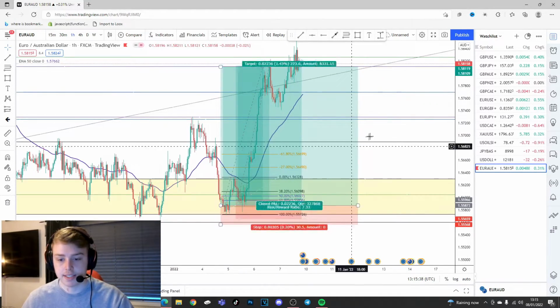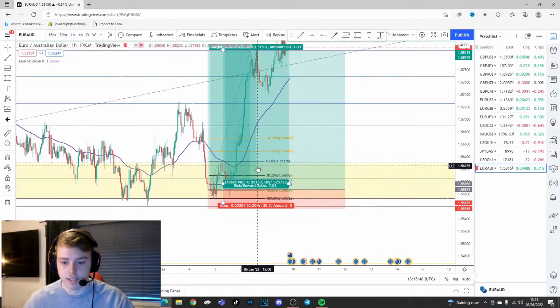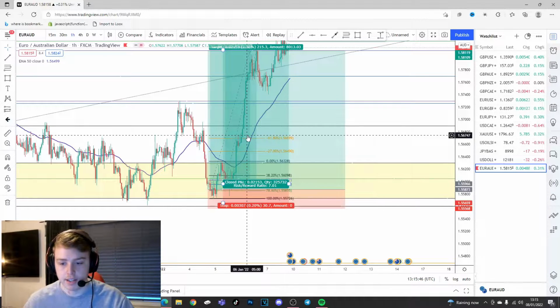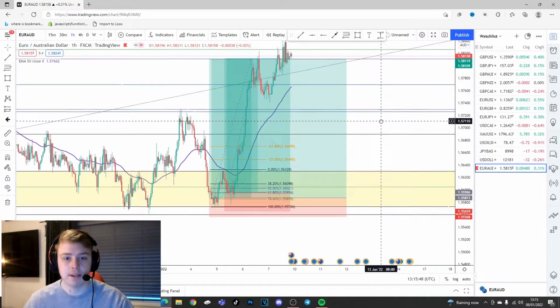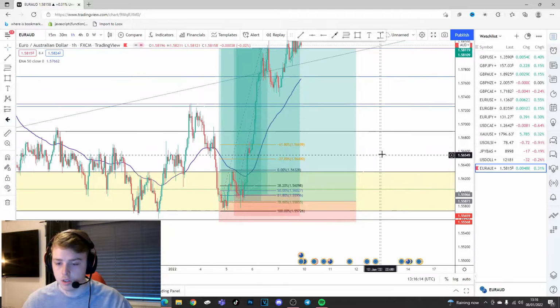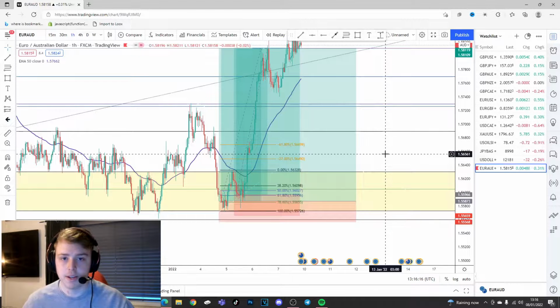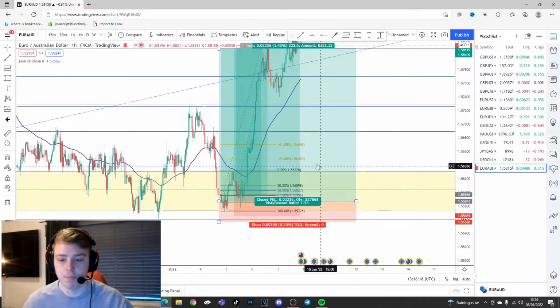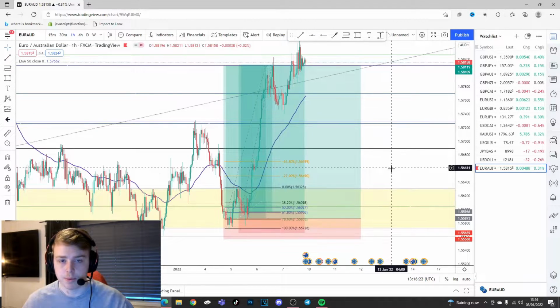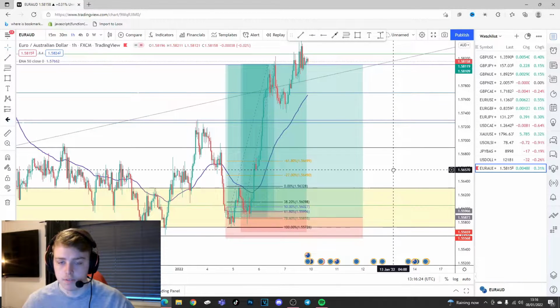But yeah, so that scaling now has just turned this trade from a 1 to 7.3 from one trade, and another 7%. So you're now making 14%. So if you had a £10,000 account and you risked 1% on both of these trades, so overall you're risking 2%, you'd have made £1,400, right? £1,400.